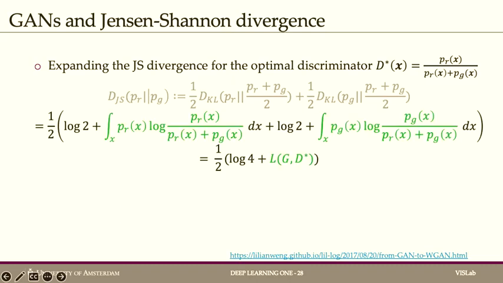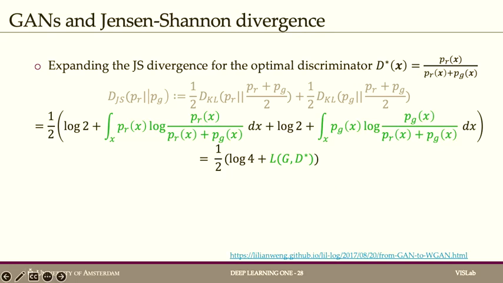It is simply another metric that compares two distributions, by taking 2 times the weighted average of the Kullback-Leibler divergence. You plug this in, write this out for the optimal discriminator, and you get this term out. Now you can see that you get these 2 integrals back, which is exactly the definition of the loss that we had in the previous slide.